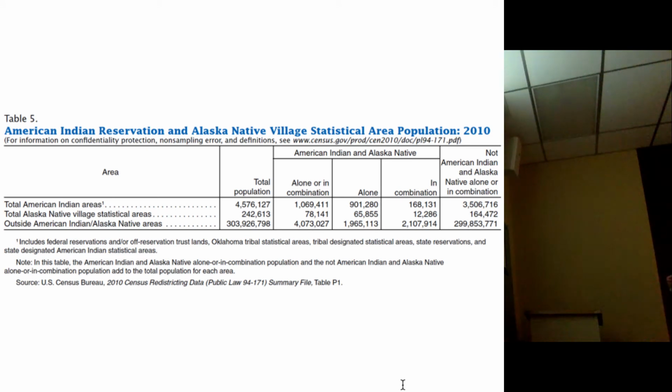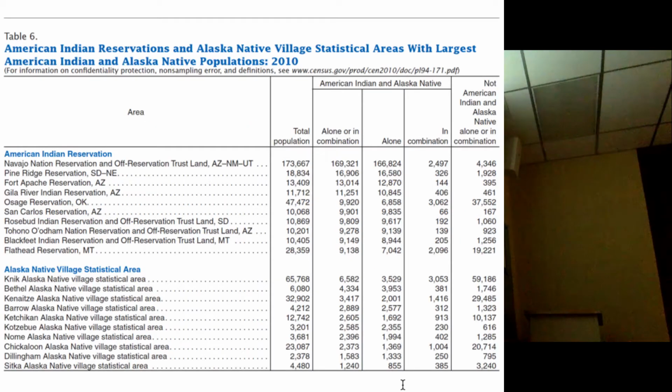Total American Indian areas, Alaska Native village areas: those are very numerous, but not really that big. And then outside of areas. So the point here is that most of the American Indian population is not within reservation areas.